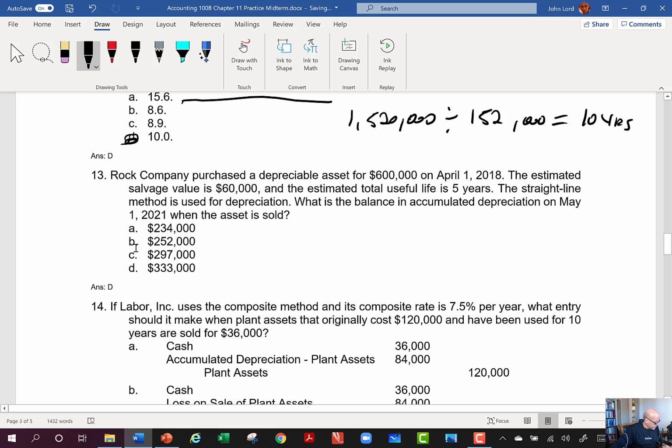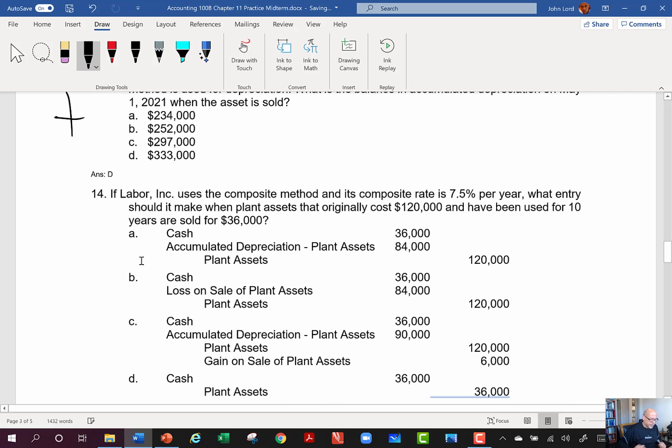The type of question I'm going to ask you with composite is probably simpler. I'm not going to go through question 13. This is another sum of the digits question. Don't worry about that. I'm not going to ask you anything like that.